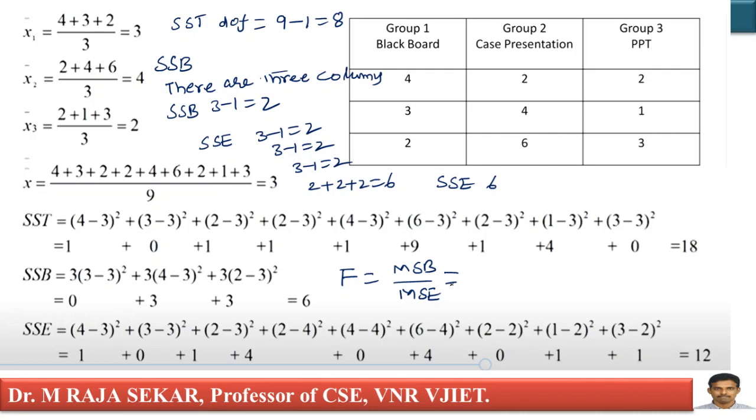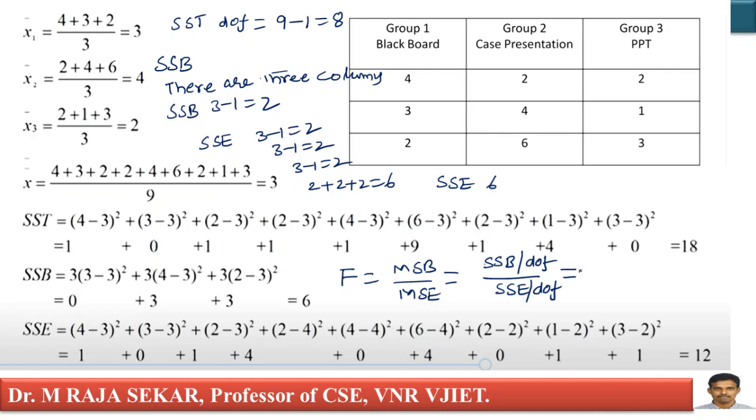MSE means mean error square. What is the formula for MSB? SSB by its degrees of freedom, and MSE is SSE by its degrees of freedom.